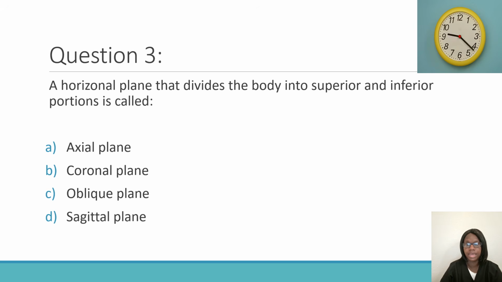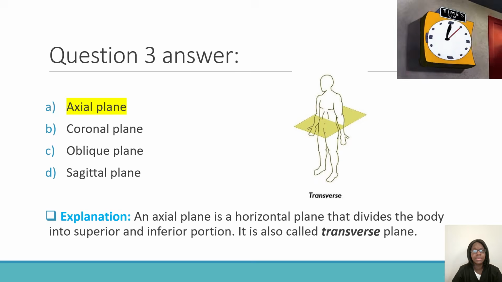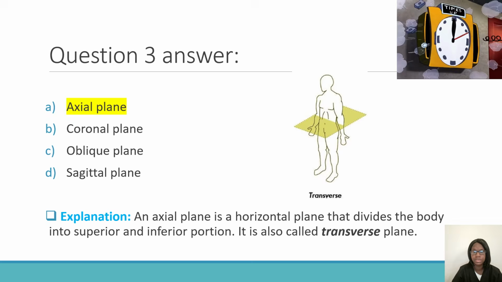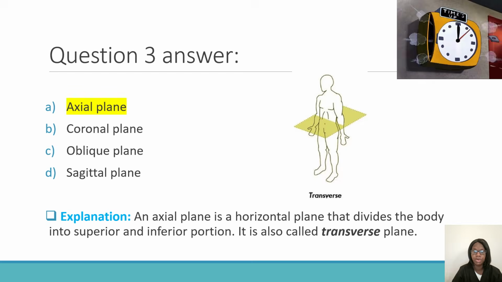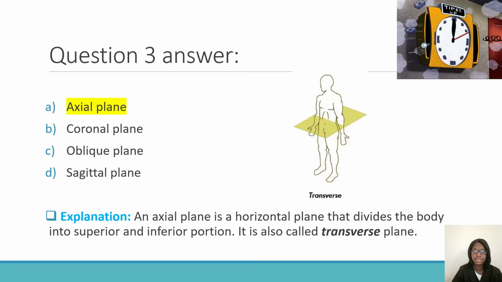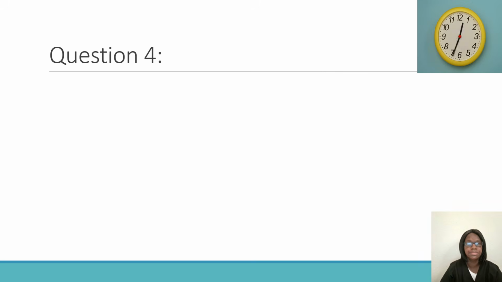All right, the correct answer is A. Axial plane. So an axial plane is a horizontal plane that divides the body into superior and inferior portions. It is also called transverse plane, so just keep that in mind.